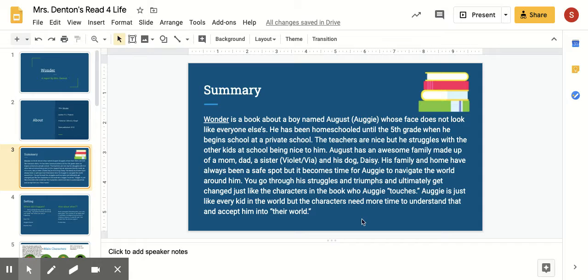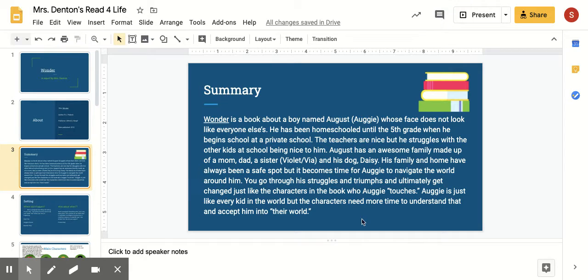Wonder is a book about a boy named Augie, whose face does not look like everyone else's. He has been homeschooled until the 5th grade when he began school at a private school. The teachers are nice, but he struggles with the other kids at school being nice to him. Augie has an awesome family made up of a mom, dad, a sister, Violet or Via, and his dog Daisy.